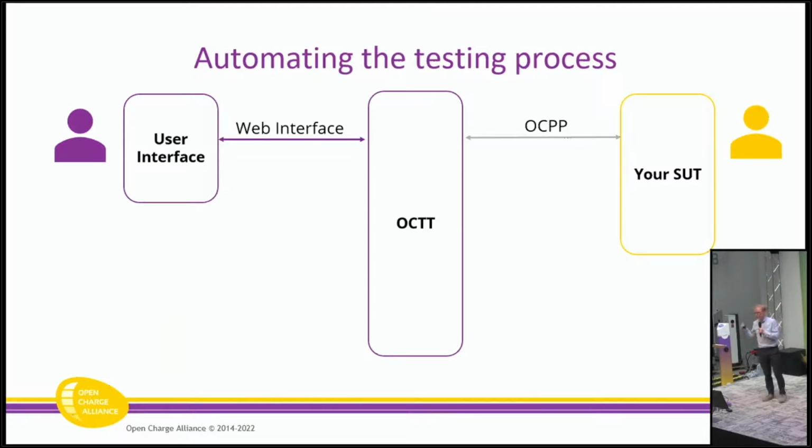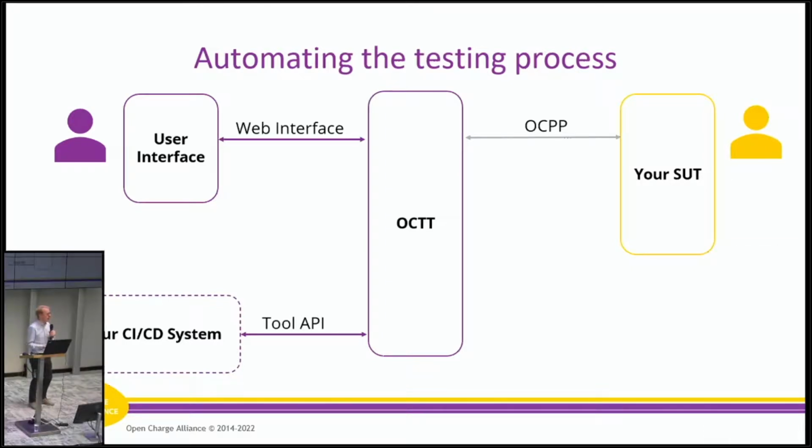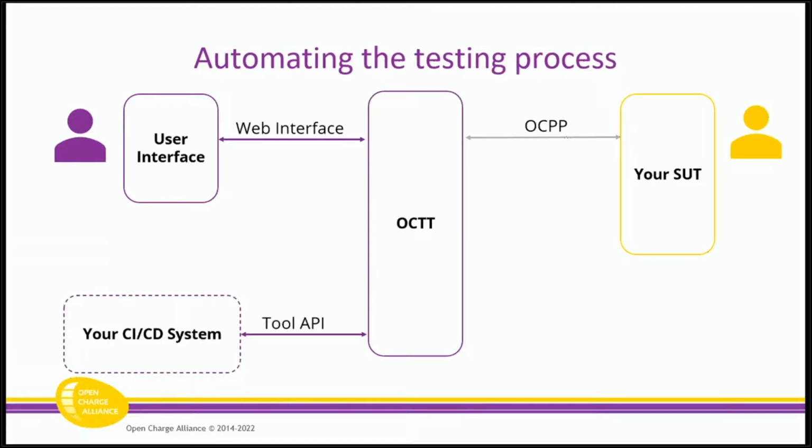This is all fine, but when you're developing your own products, you would like to get out of this loop yourself. You would like to be able to fully automatically run these scenarios. So there is a tool API available that you can use to control the tool. So you can start test cases, change configurations, things like that.